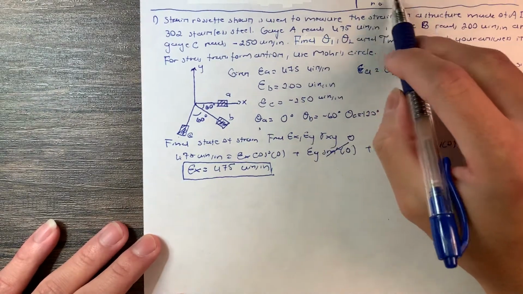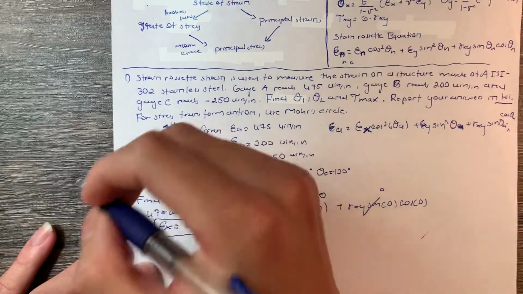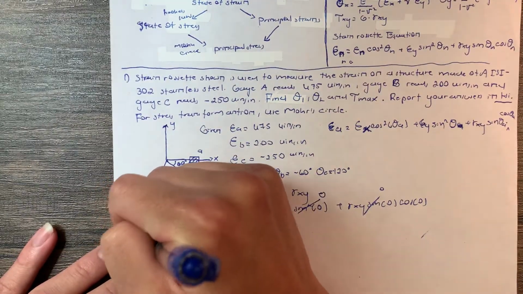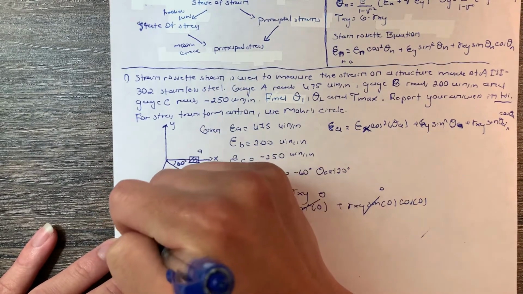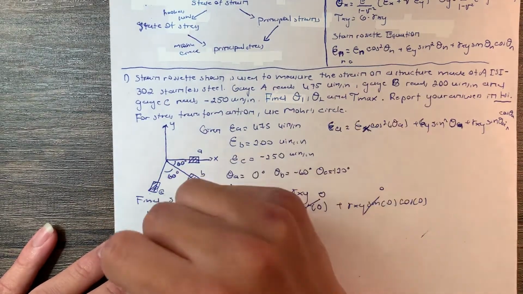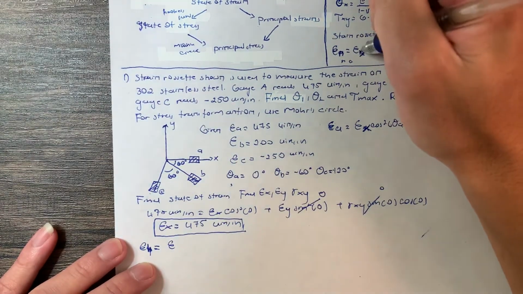And the same thing for epsilon y. You just plug in B for all the n terms right here, so you have epsilon B equal to, sorry, it should be epsilon x right here.